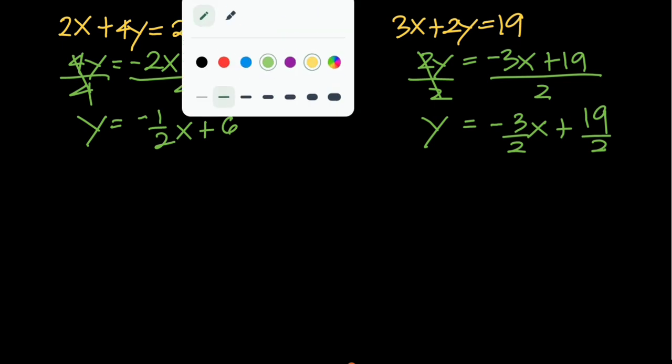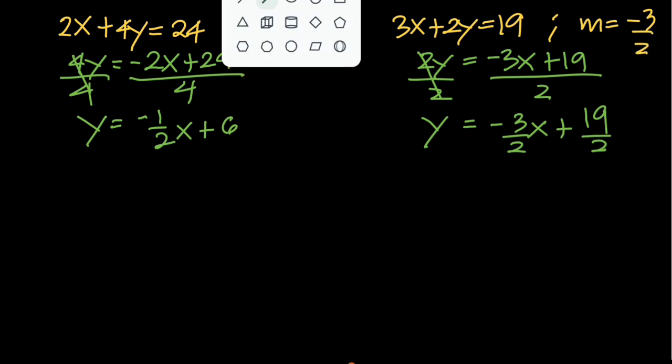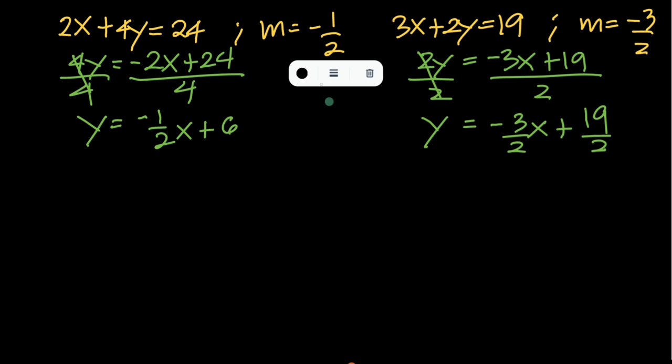So the slope for the first equation is negative 1/2, and the slope for the second is negative 3/2. Now we can graph each one of them.